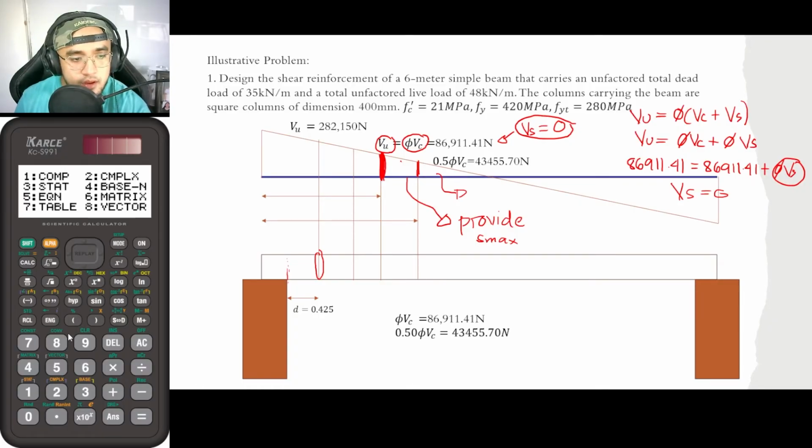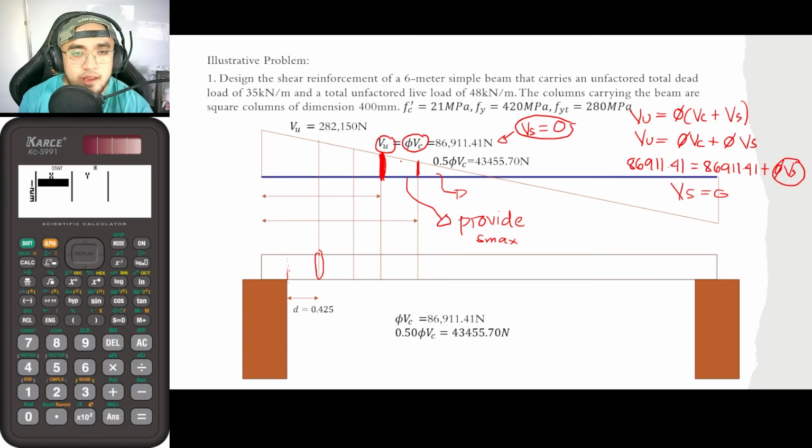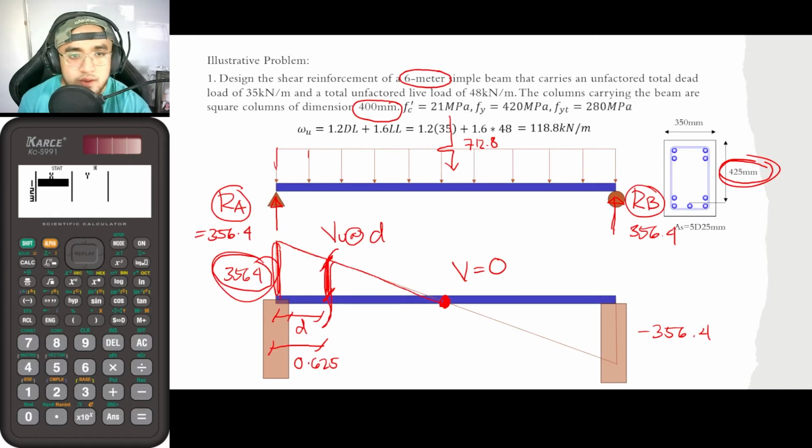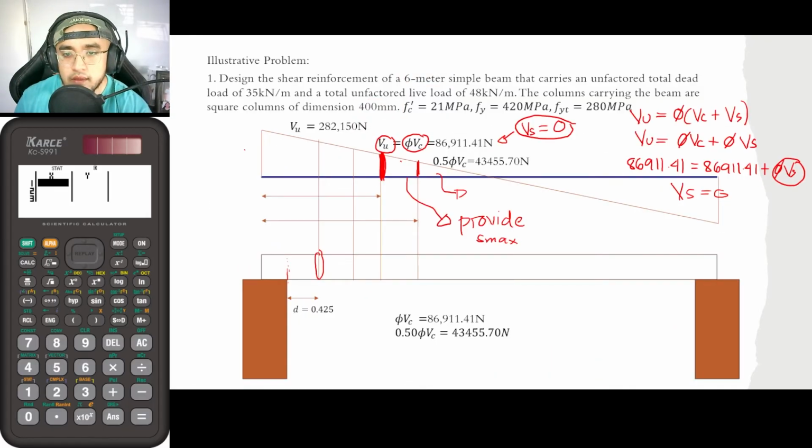So mode 3, 2. I know that at this particular point, well, actually I forgot, what was the support again? That is 356.4. So at this portion, that is now 356.4.